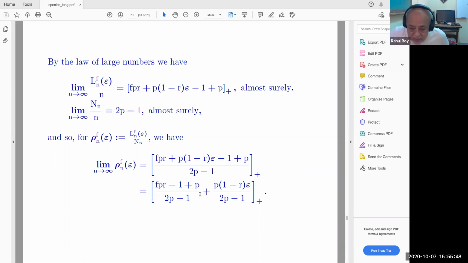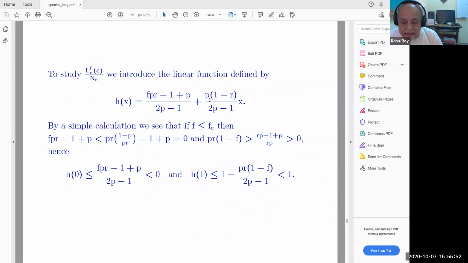Now, you don't have to remember this. This is the same expression which I write on the next page, but without the epsilon. Instead of epsilon, I write x, because I want to use this h of x to bootstrap the process.